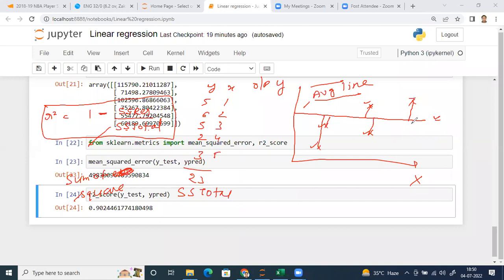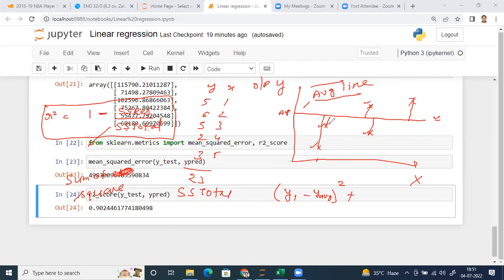Suppose this point is the first point, this is my average line, and these are my actual values. The first point is y1, so I take y1 actual value minus the average line, y average. I compute the distance and take the square of this.